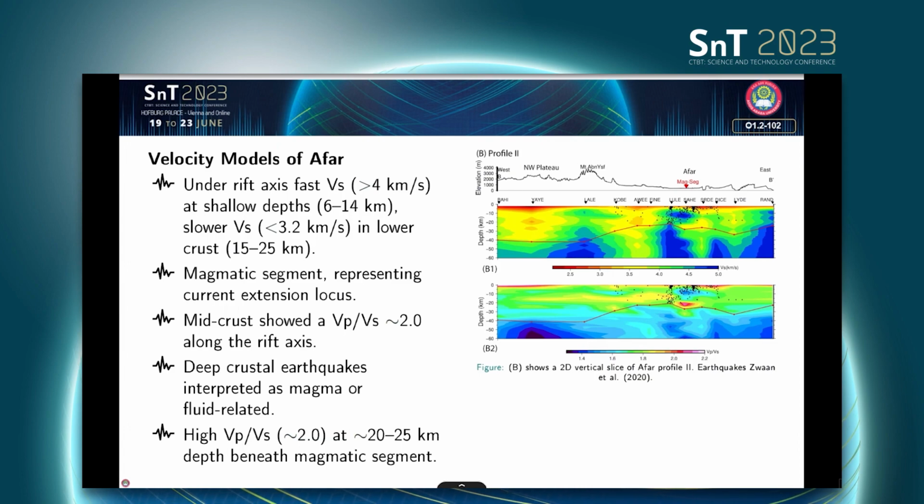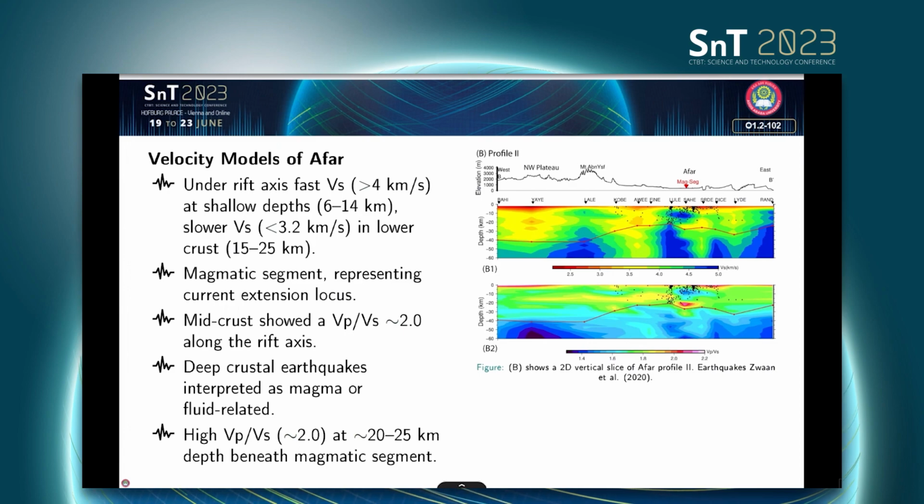This profile is from the Western Plateau to Afar, where intense rifting is happening. As we can observe, a magmatic system is observed in the rift axis. Under the rift axis, high velocity magmatic intrusion is present. The black dots are earthquakes, collected from 2000 to 2013.